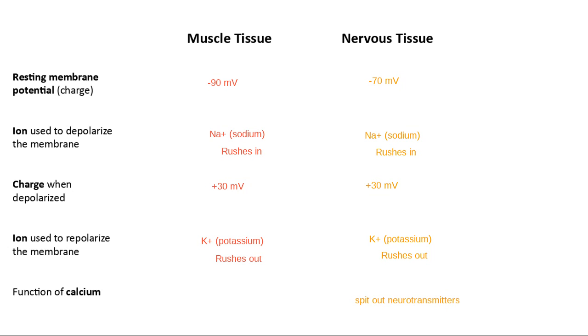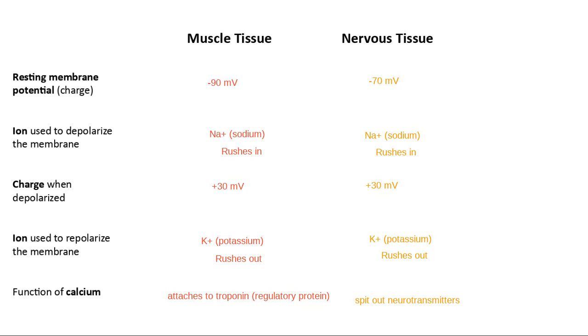Yeah, so calcium is an ion that attaches to a protein called troponin. Troponin is a regulatory protein, meaning this is a protein that determines whether or not a muscle contracts.